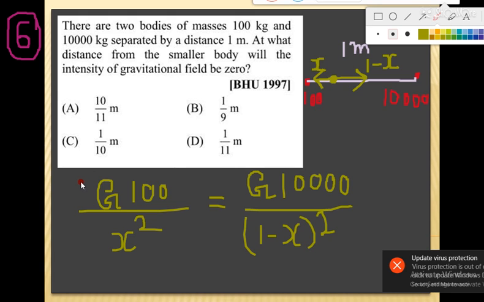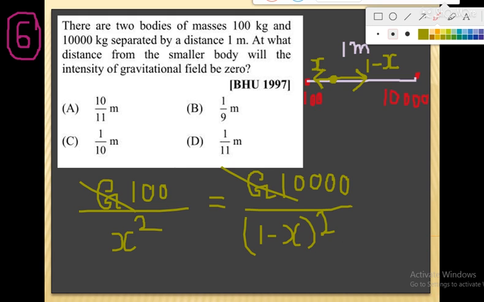So this G will cancel out, and this 10,000 two zeros will also cancel out. So after that we have to take here 10. हम इसको +10 रूट लेंगे. अगर -10 ले लेंगे तो हमारा आंसर नहीं आएगा. 100 है ना, 100 is there, so we will take square root on both sides.